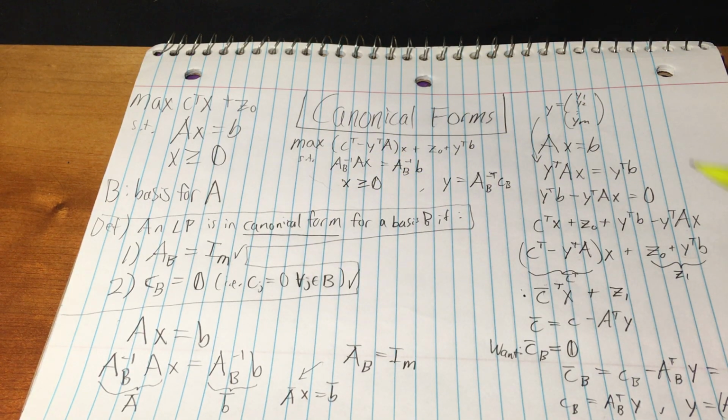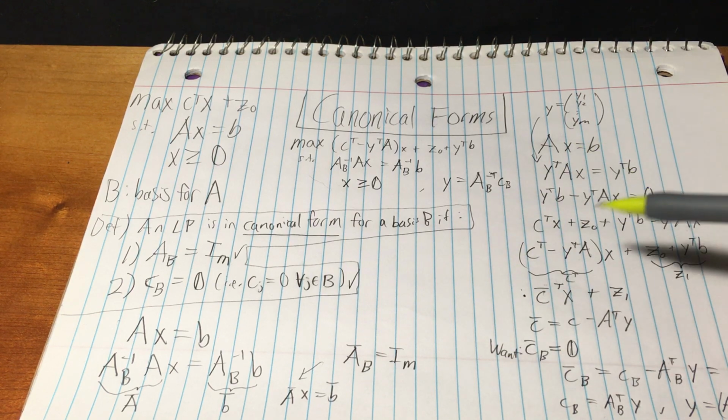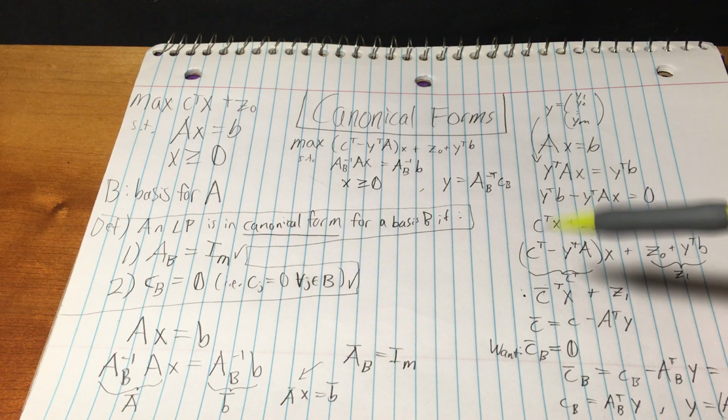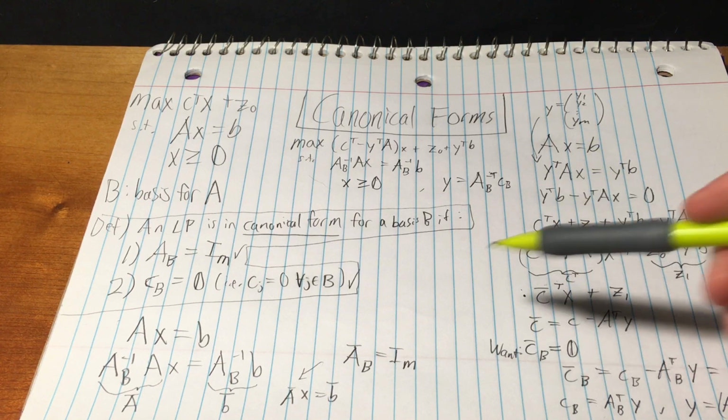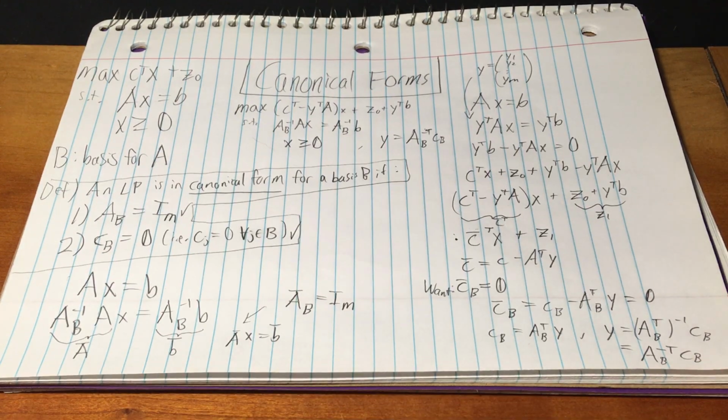And one final thing: it might have seemed dubious whether the dimensions worked out with all this multiplication, but in fact they do all the time. For instance, down here at the very bottom, we chose y to be AB inverse transpose C sub B.